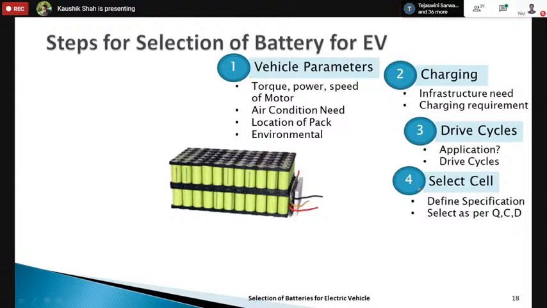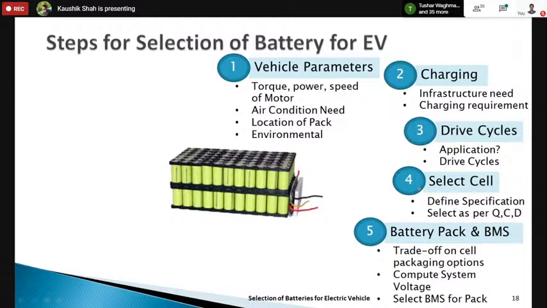Select cell. In the earlier slide you saw: define specification, select as per QCD, that is quality, cost, and your performance delivery targets. You select a cell, then create a battery pack, and use the BMS. You need to perform the trade-off on the different cell package options. Whatever you select, you would then be able to understand how your equation becomes on the pack side, because is it becoming bulkier?